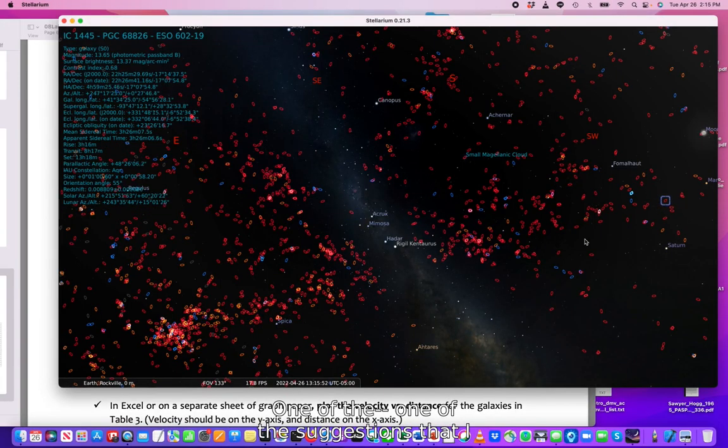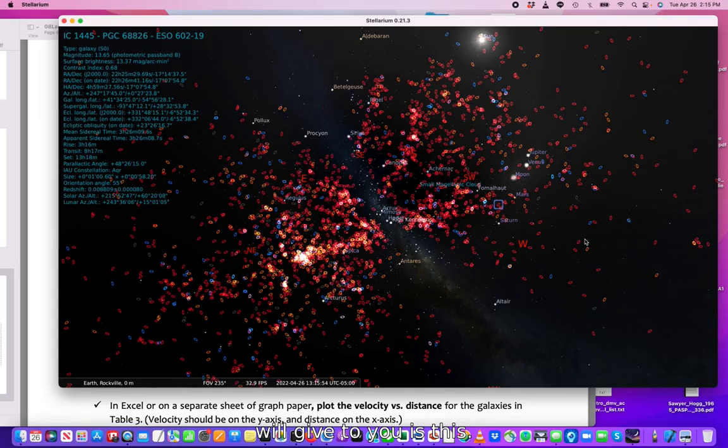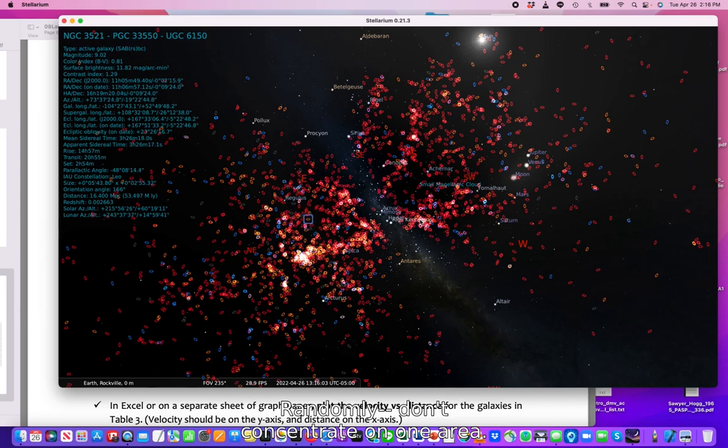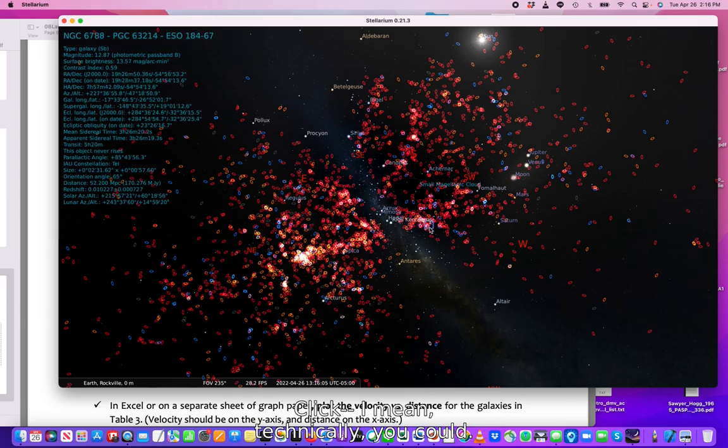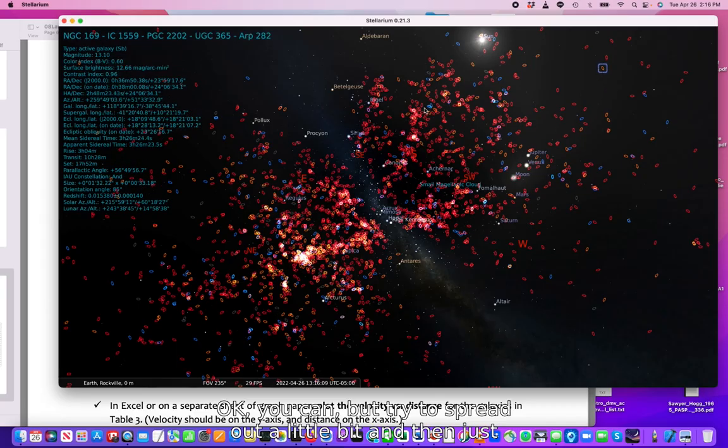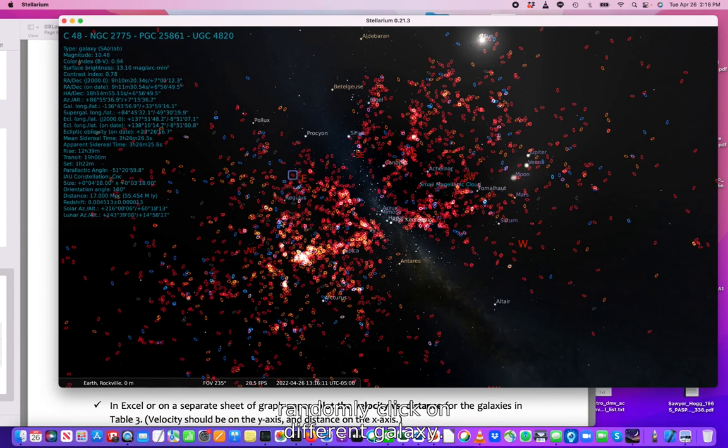One of the suggestions that I will give to you is this. This is like the whole sky that you can see. Randomly, don't concentrate on one area. I mean, technically you could, okay, but try to spread out a little bit, and then just randomly click on a different galaxy.